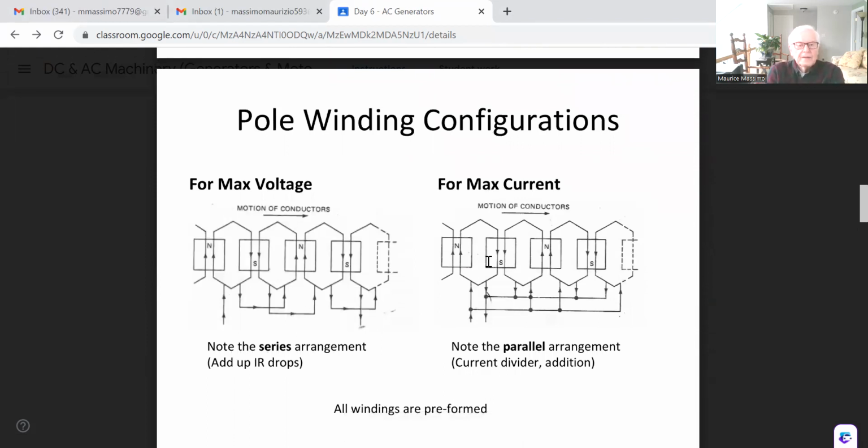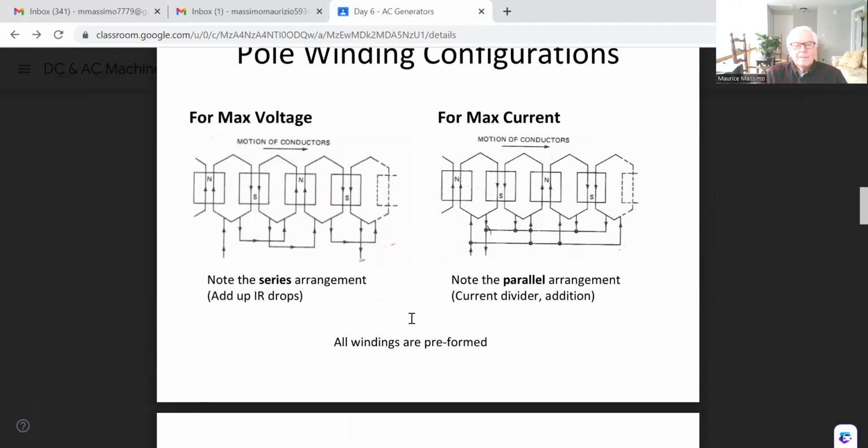And on the pole winding configurations, we can have either a series arrangement or a parallel arrangement. For maximum voltage, we will use a series, because then the current is added up serially.